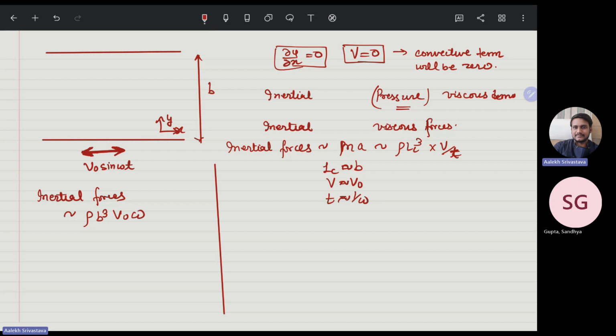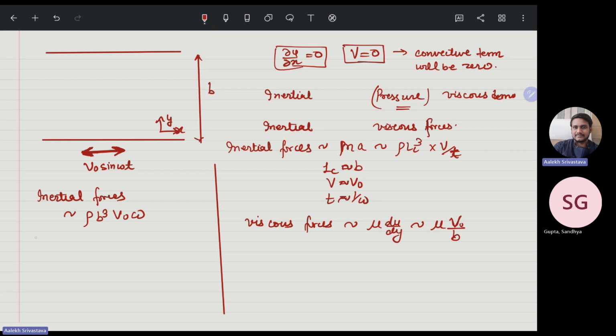Now, what is the viscous force? Viscous force is mu du by dy. So it would be mu v by the characteristic length b, that is v0 by b.